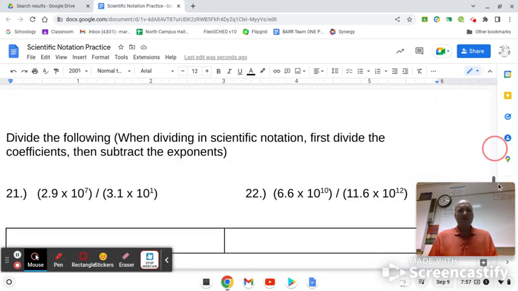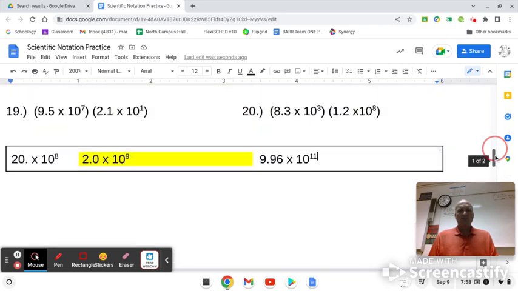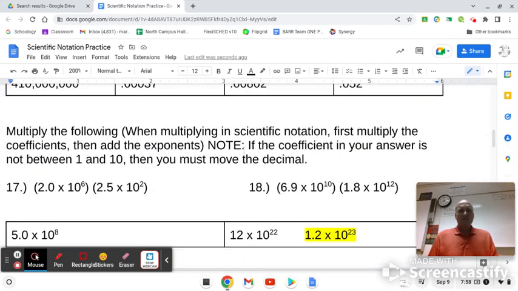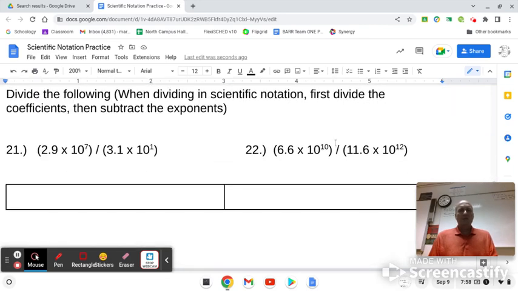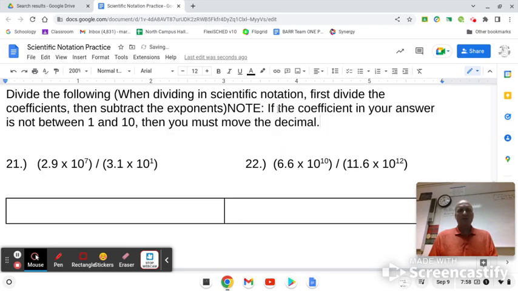Now, dividing, similar process. The only difference is, we divide the numbers in front, just instead of multiplying. And then the other thing is we subtract the exponents. Once again, if our number is not between 1 and 10, we've got to change the decimal.